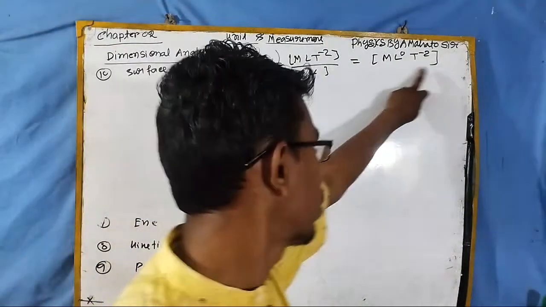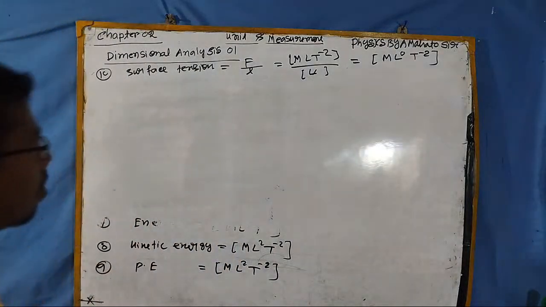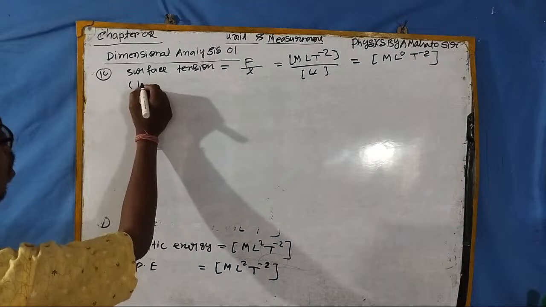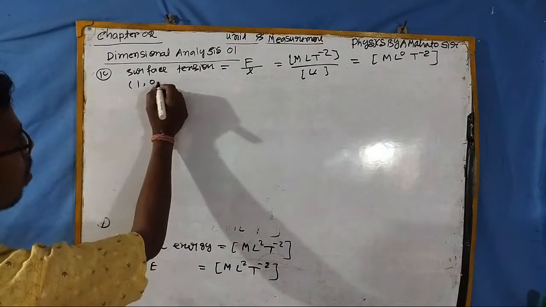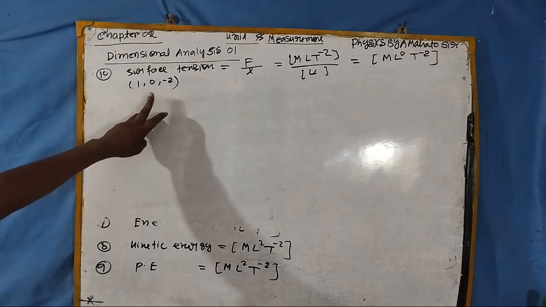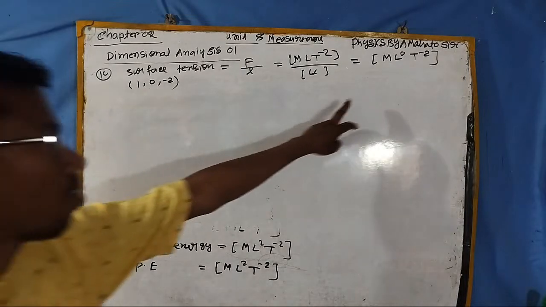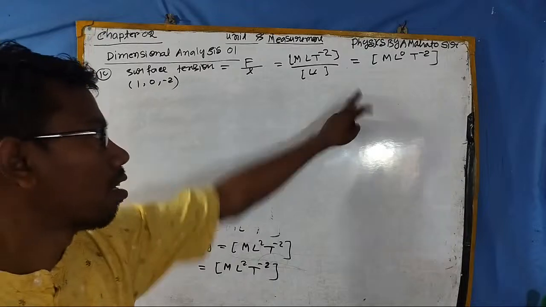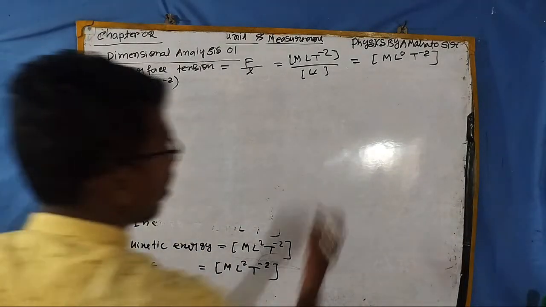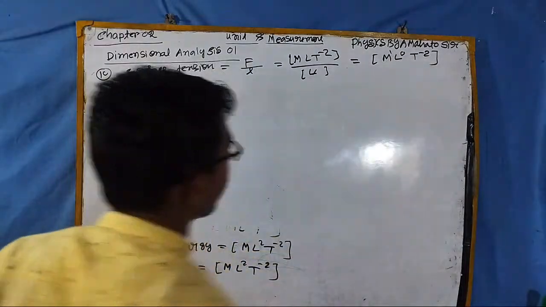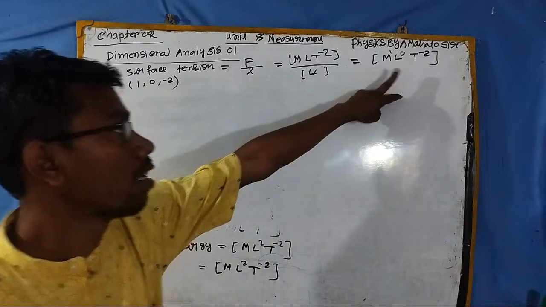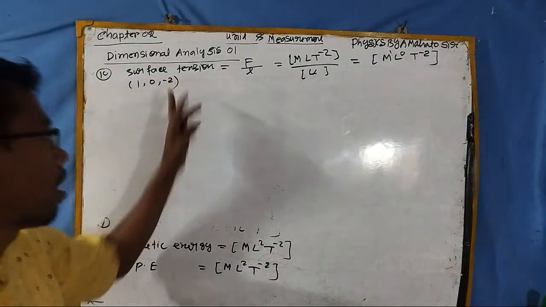The surface tension dimension is M^1 L^0 T^-2. For the fundamental quantities, M is 1, L is 0, and T is minus 2.